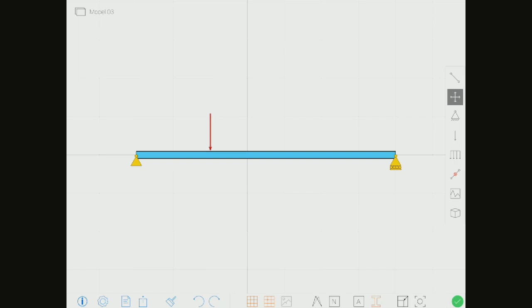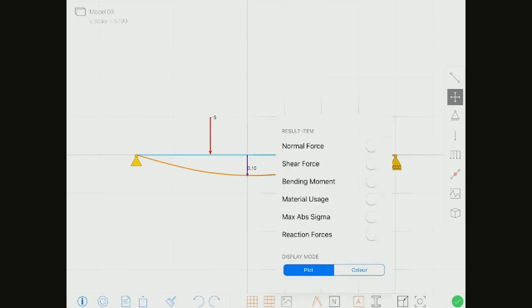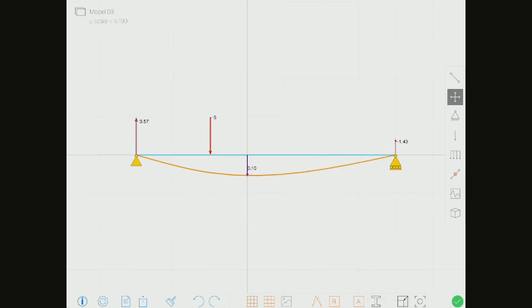Okay, so this one I just was doing before you arrived. So this is the load, 2 meter, 5 meter, and the beam would deflect in this way, and you could see the maximum deflections amount depend on the material you choose, but also you can see the reaction forces. So reaction forces would be, in this case, 3.5, I'm doing the first problem, sorry.